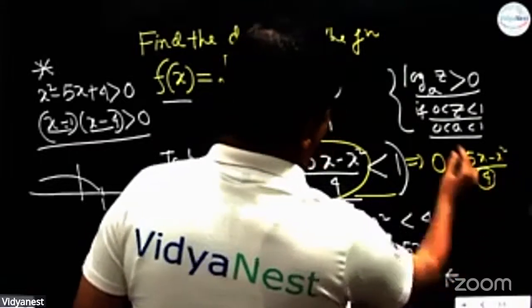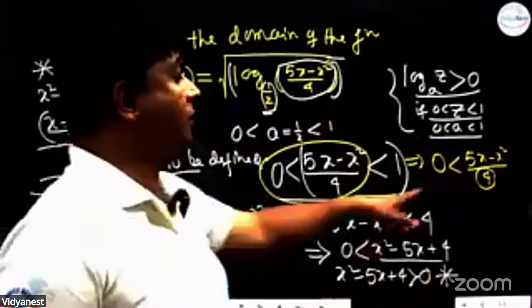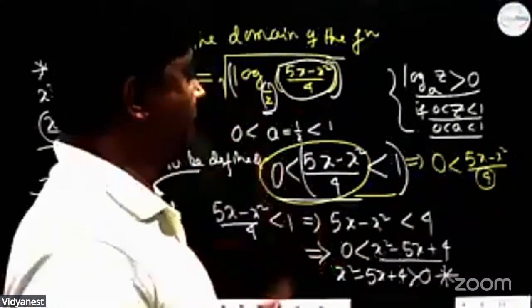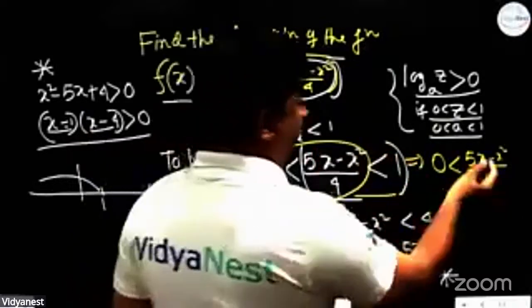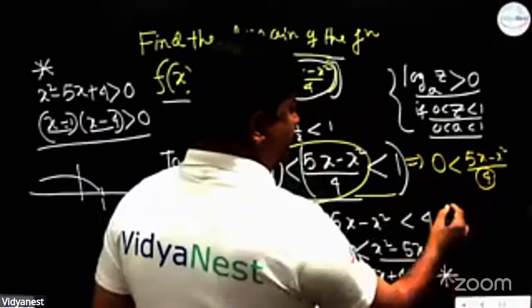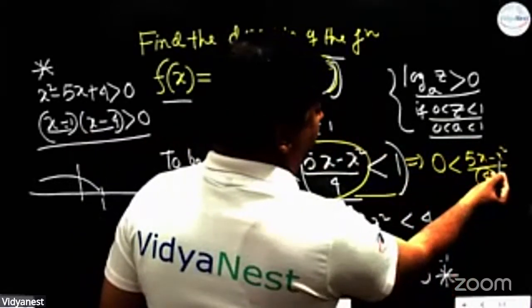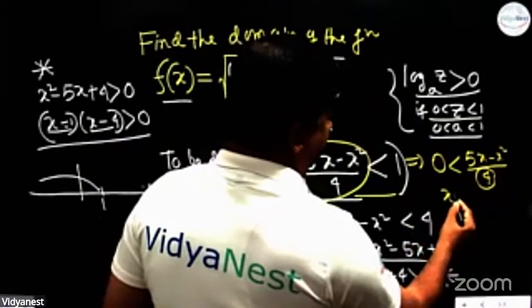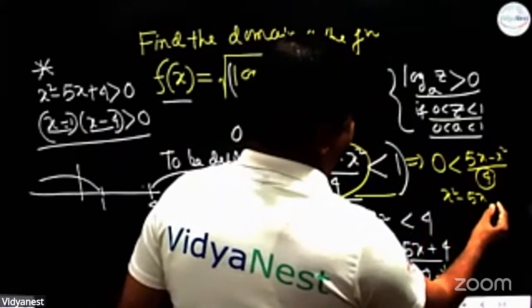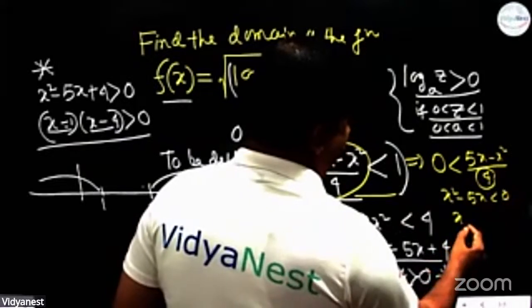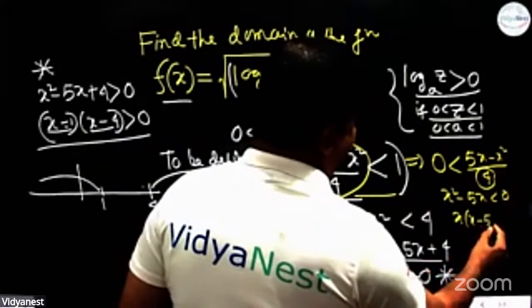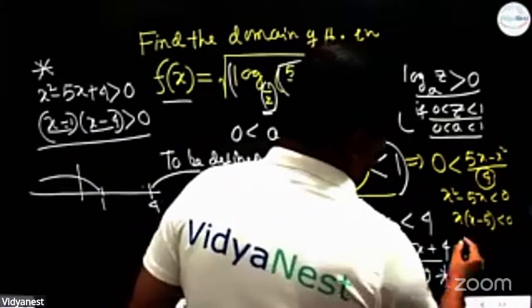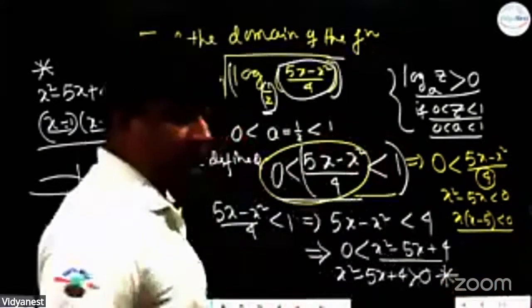What will I do with this 4? 4 will be multiplied by 0 and get cancelled. So in other words I can write 0 less than this, meaning you bring this part to the left-hand side, x square minus 5x less than 0. Take x common, x times x minus 5. Now again the wavy curve method.